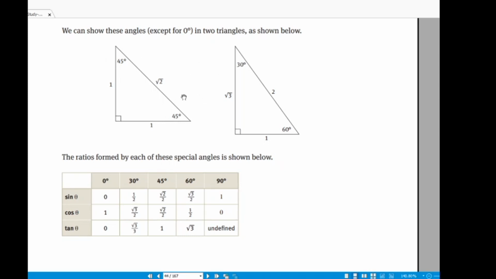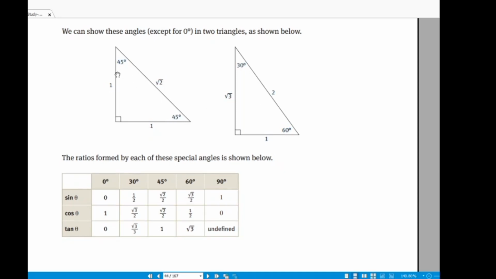When they say calculate without the use of a calculator, you just draw the picture. If they say calculate sine 45, for example, you will have 1 divided by the square root of 2.